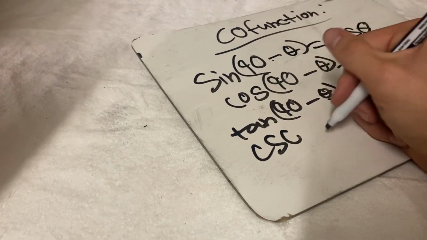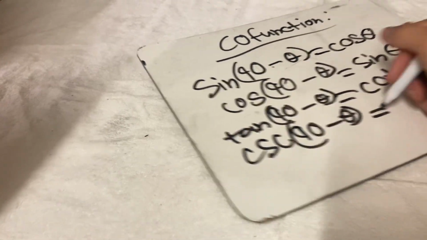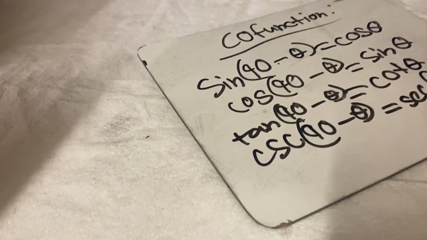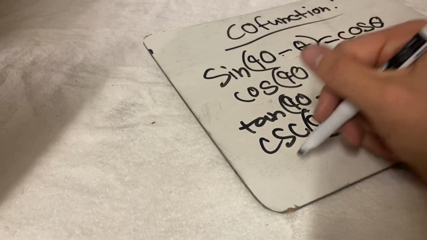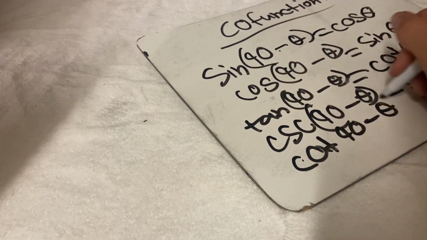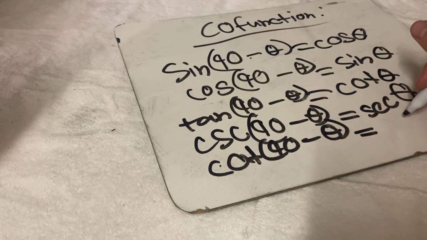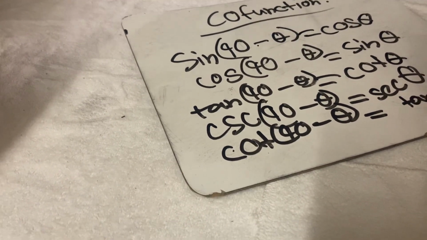Cosecant of 90 minus theta would equal secant theta. Cotangent of 90 minus theta equals tangent theta.